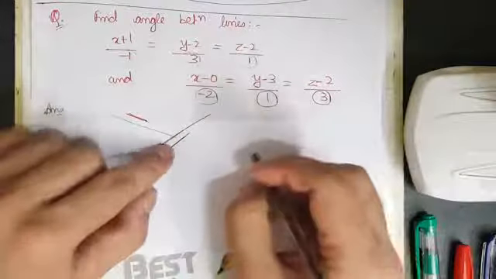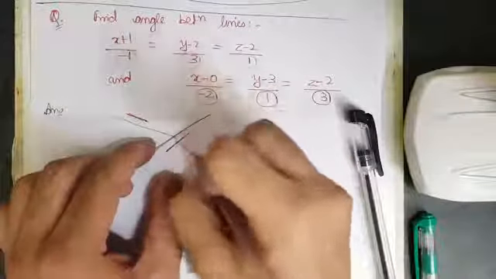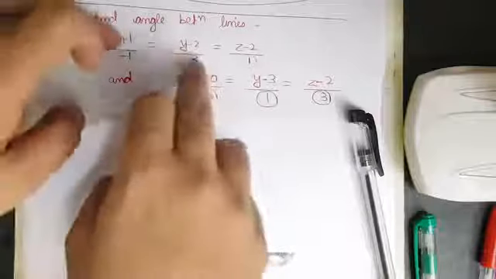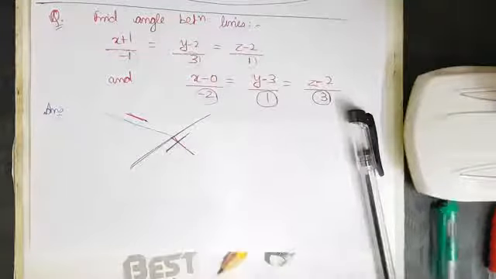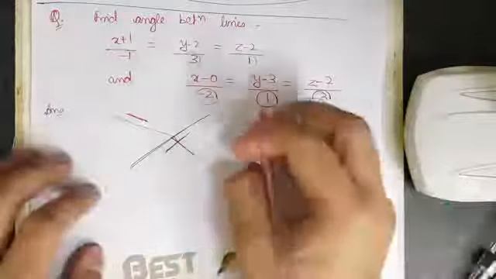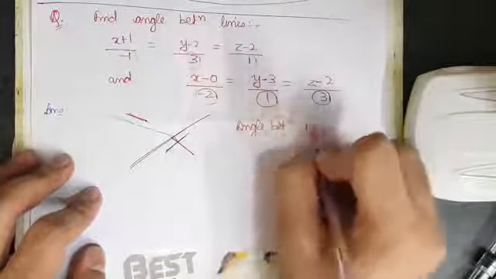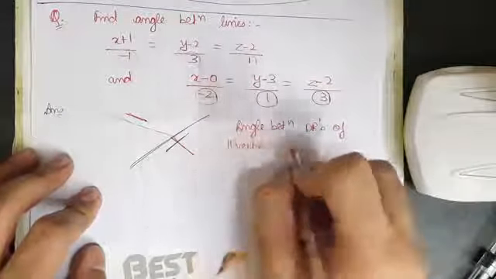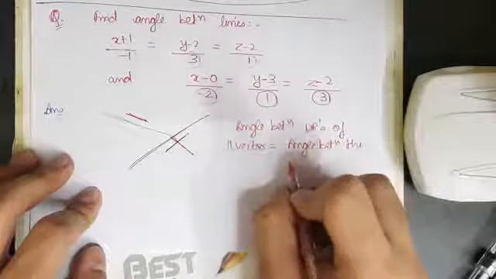So I pick up this red vector and place it as it is here. If you find out the angle between the DRs of the vector, then that is the angle between the lines. So what I want you to know is that the angle between the DRs of the parallel vectors will be equal to the angle between the lines.